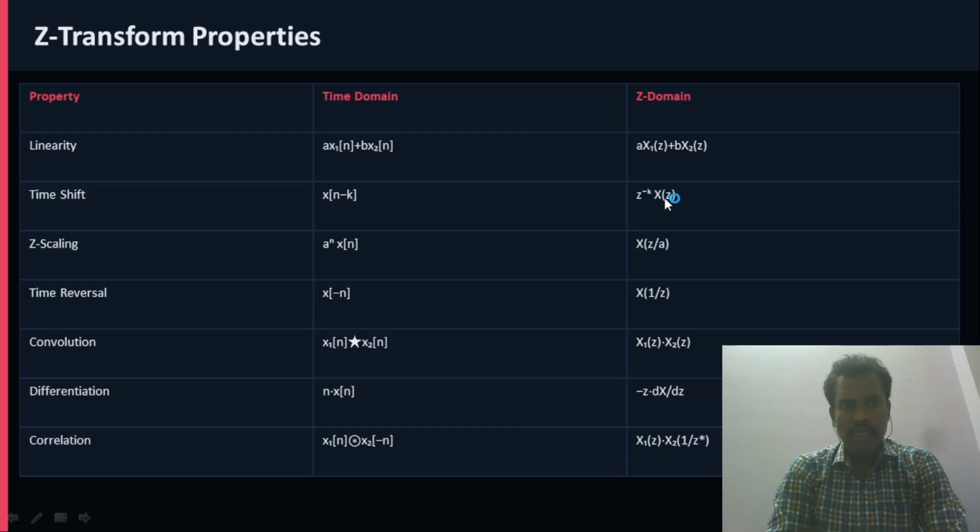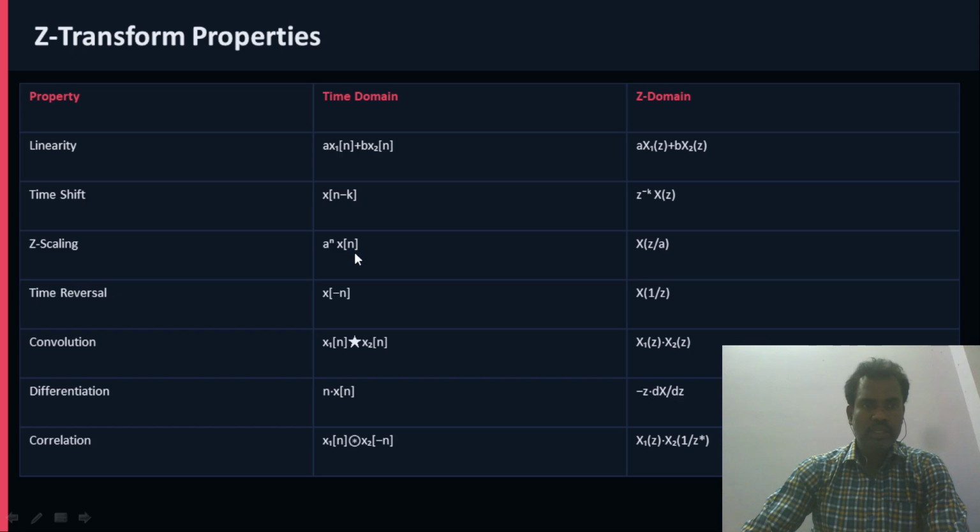In a similar manner, if you shift the Z domain signal by some Z naught, x of z minus z naught, the input signal will be multiplied by the kernel.